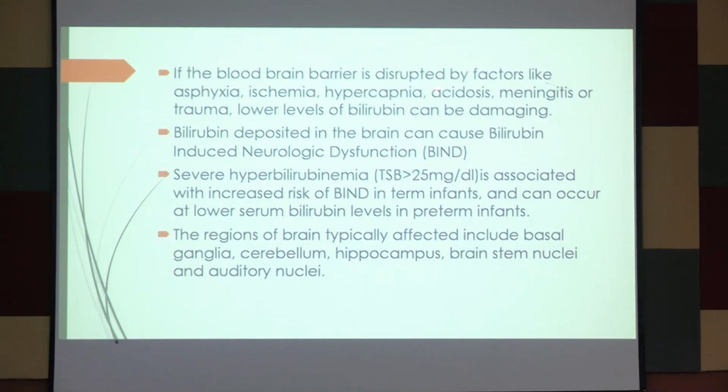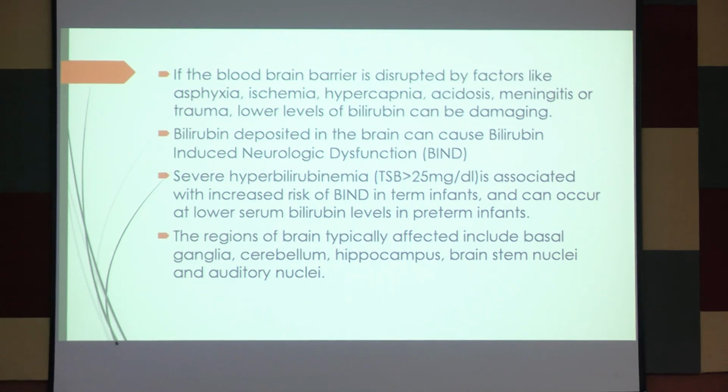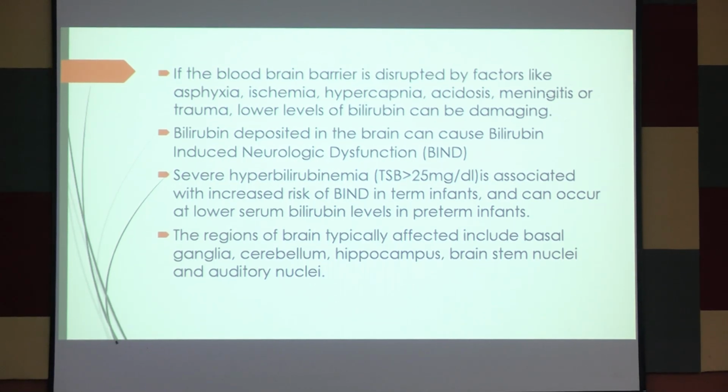And the blood-brain barrier is disrupted by factors like metabolic acidosis, asphyxia, hypercapnia, meningitis. Okay, so the blood-brain barrier is disrupted. So, there will be more chances of passing of bilirubin through the blood-brain barrier. These are aggravating factors.